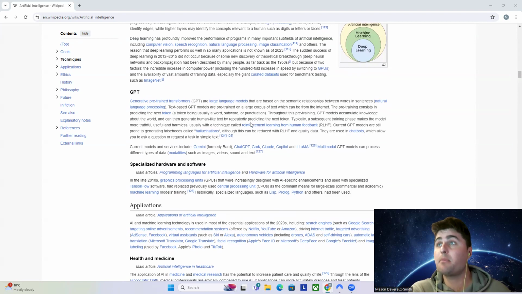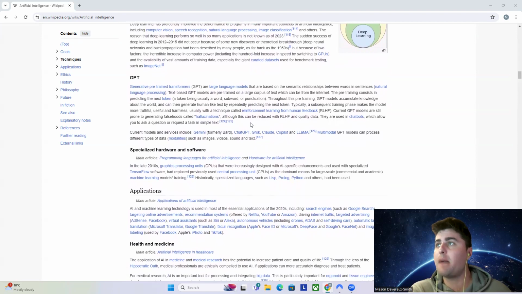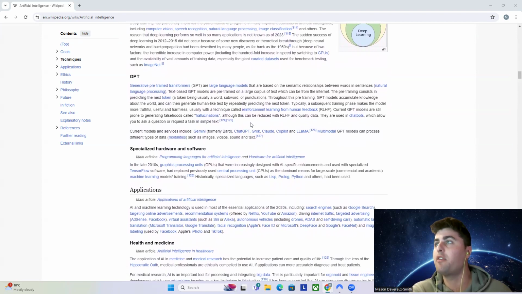The reason that deep learning performs so well in many applications is not known as of 2023. The sudden success of deep learning from 2012 to 2015 did not occur because of some new discovery or theoretical breakthrough.